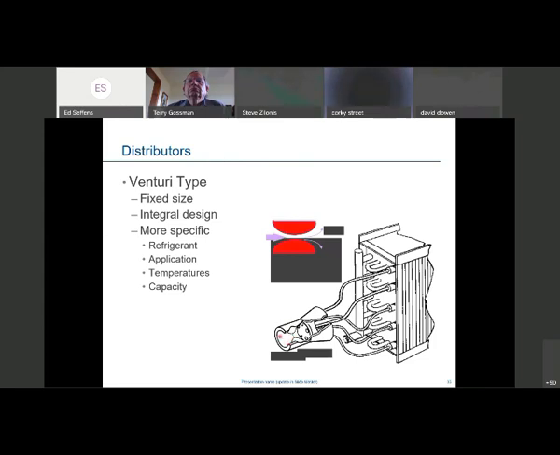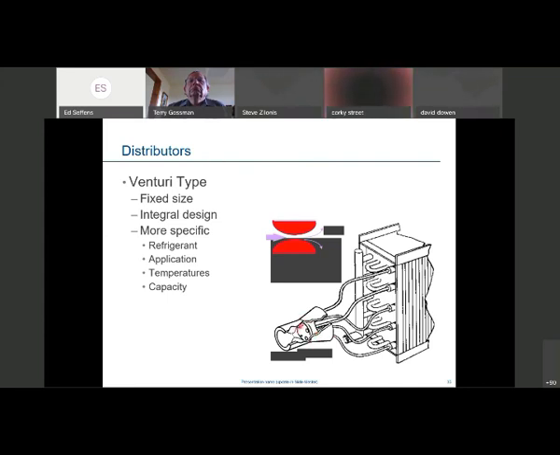As the velocity speeds up, it tends to want to hug across this raised area of the distributor, and as it hugs this area, by the time it gets to this side of the distributor itself, internally, it helps distribute the refrigerant down into the evaporator. All right. So this is a fixed size.